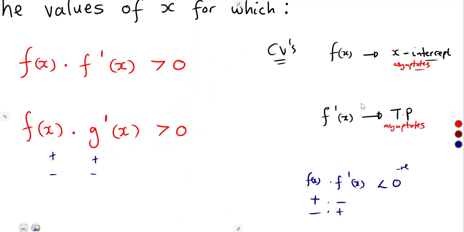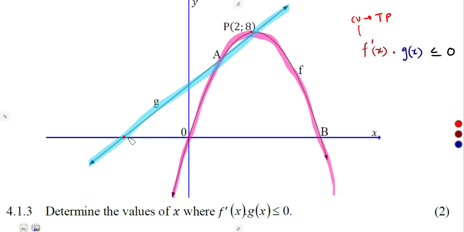That is the issue of what? The critical values. So this is our critical value. In our case, this value was at -2. At the turning point, the value of x was 2. We are not worried about the x-intercepts of what?